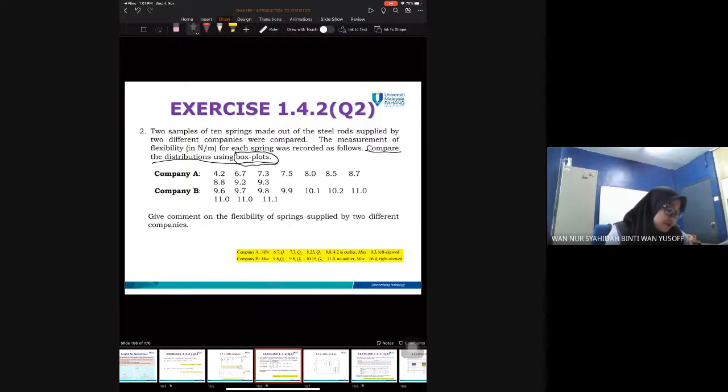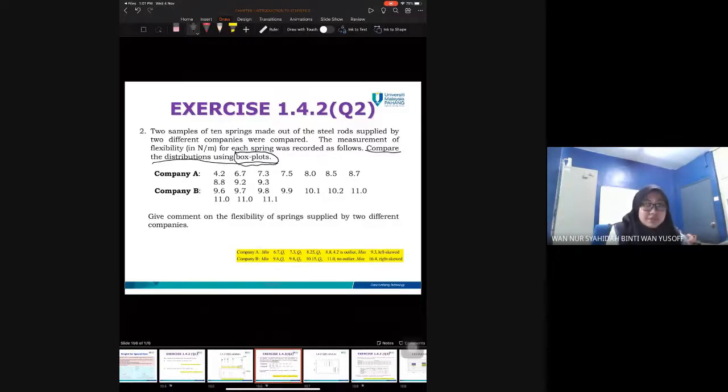Give comment. Comparing using box plot means that you have to draw 2 box plots on the same axis. When we compare data sets by using box plots, those box plots must be drawn on the same axis.